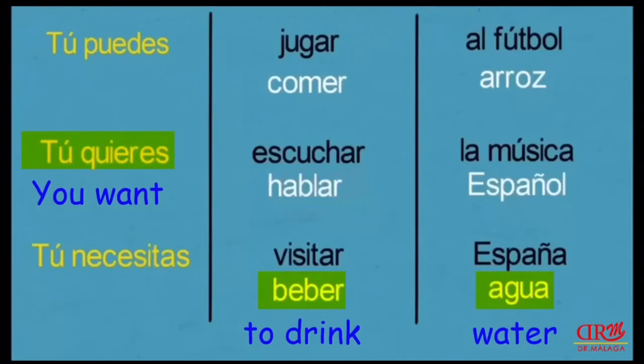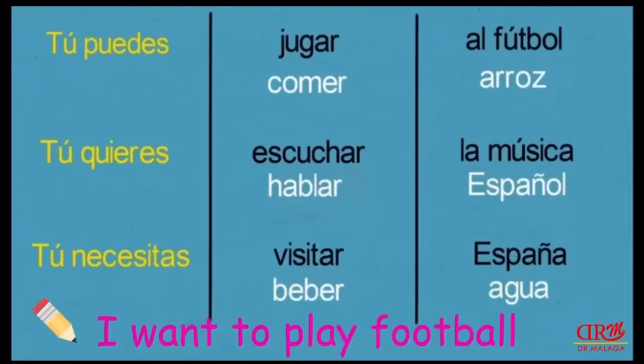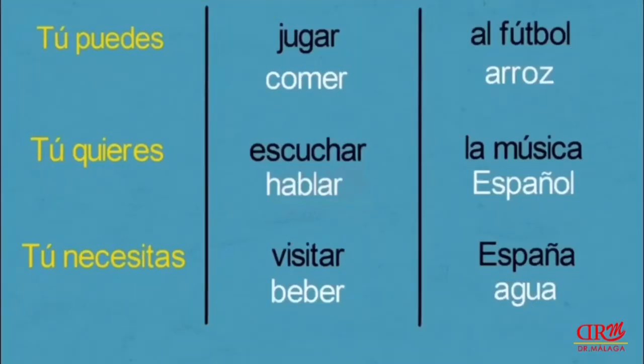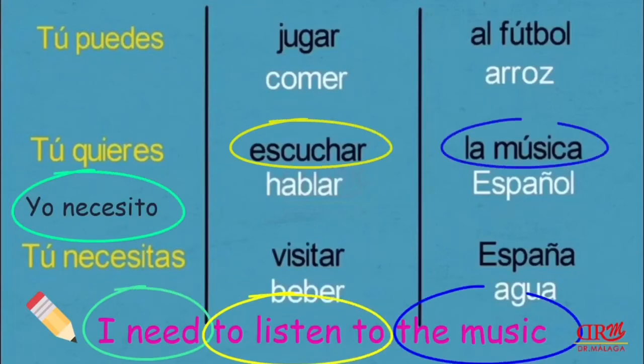And also let me ask you, how can I say I want to play football? Yo quiero jugar al fútbol. Cool. And how can I say I need to listen to the music? Yo necesito escuchar la música.